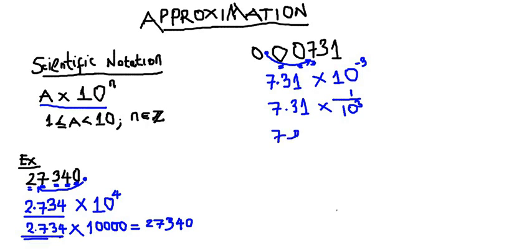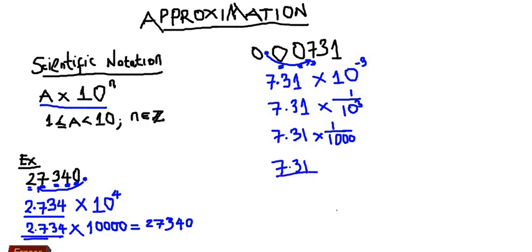It's the same as 7.31 times 1/1000. Now, this simply means we are dividing 7.31 by 1000.